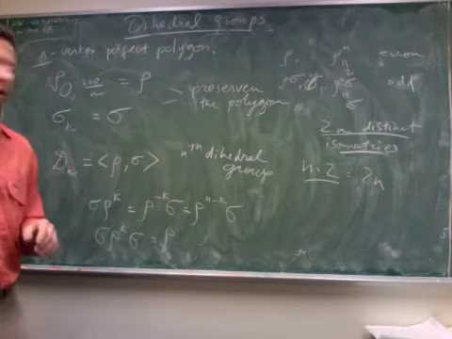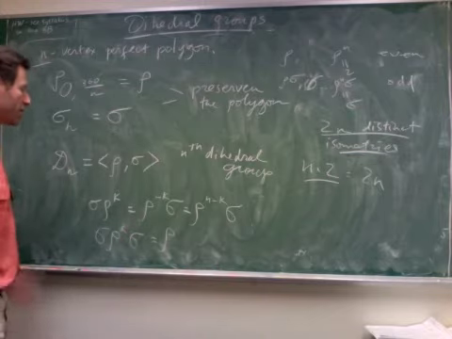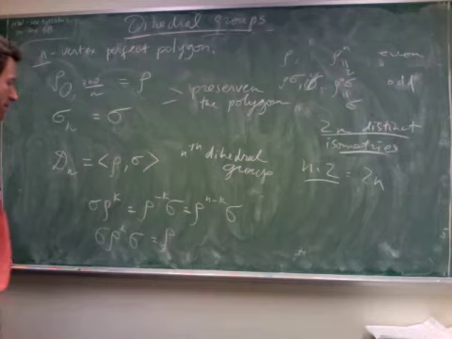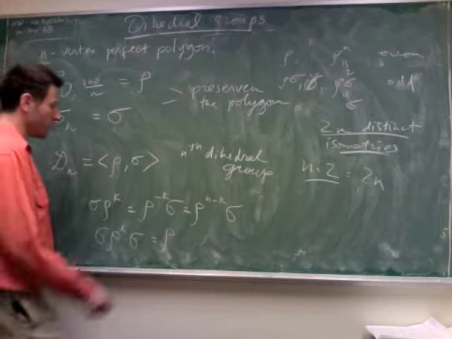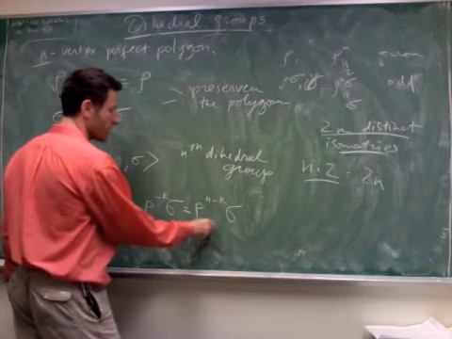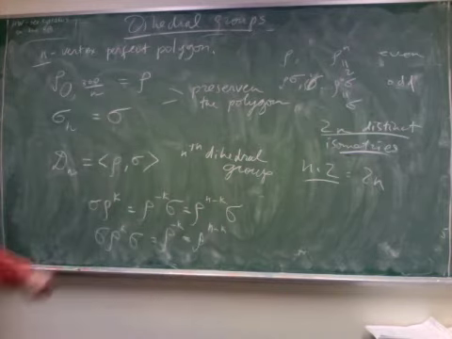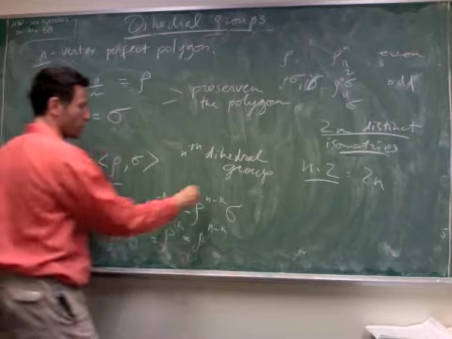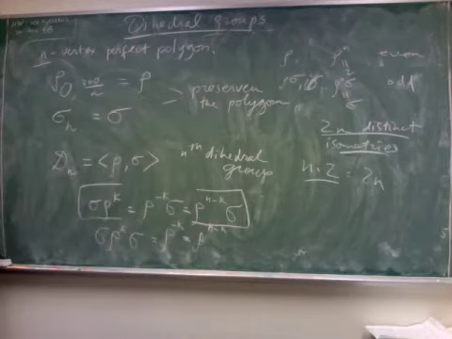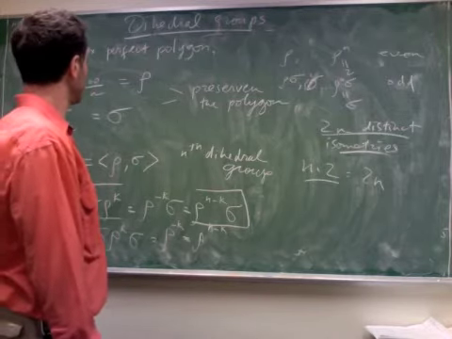What do you think? Well, since sigma is an odd isometry, it will be the opposite angle. It will be minus the angle corresponding to this rotation, or in other words, we have here rho minus k, which is the same as rho to the n minus k. So that amounts to the exact same identity. So we know how to fill in the Cayley table for the nth dihedral group.